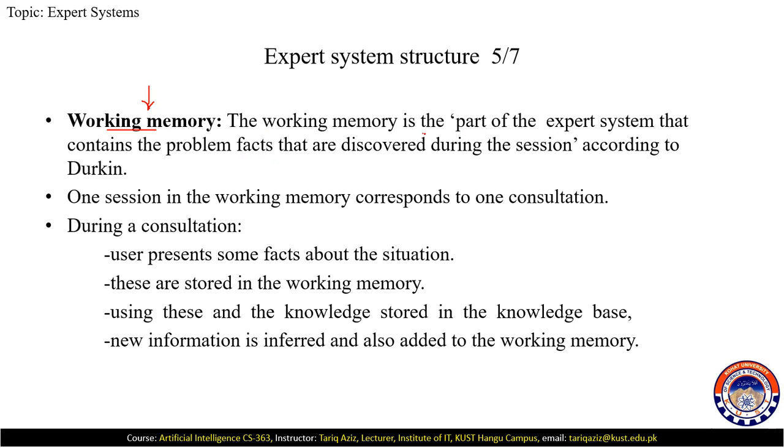It's the part of the expert system that contains problem facts that are discovered during the session. So the diagnosis expert system will take a session with a patient, ask questions of this patient, and store these current facts in the working memory.